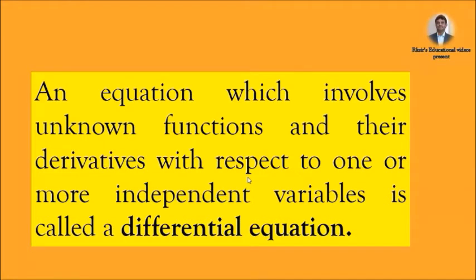Now how does it look? I will just scribble here how it looks. Say dy by dx is y dash. d square y by dx square is y double dash. You remember this?